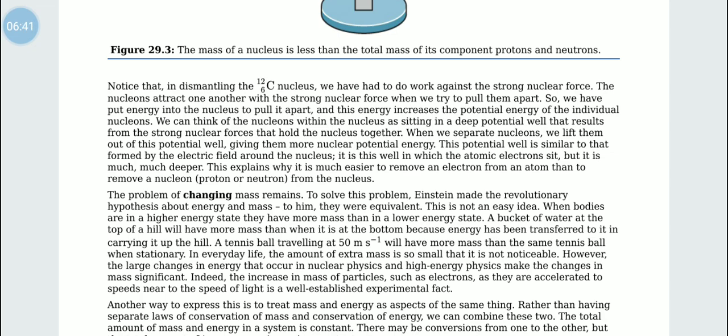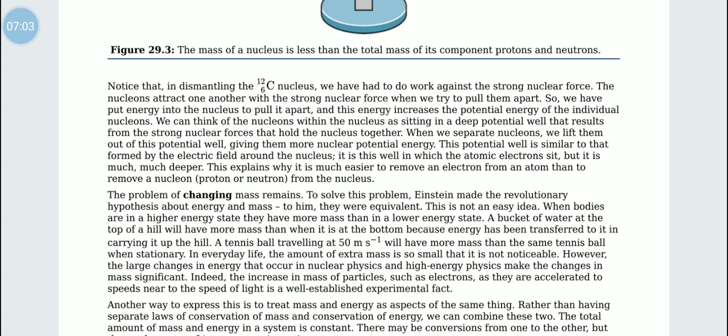A tennis ball traveling at 50 meters per second will have more mass than a tennis ball which remains stationary. This mass difference is really small. We can't actually notice it.